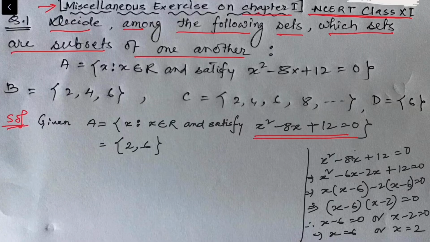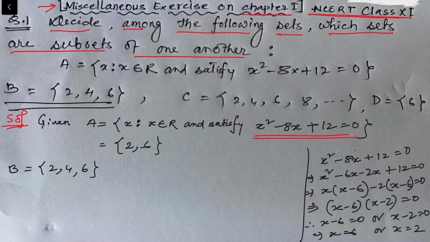Okay, and another set B. So here set B is given that it contains 2, 4, 6 and C contains 2, 4, 6, 8 and so on, and D contains only 6.